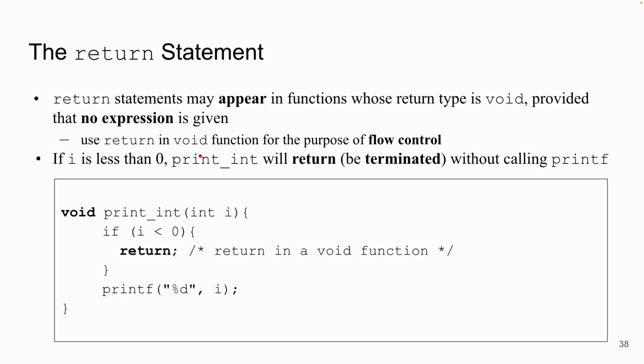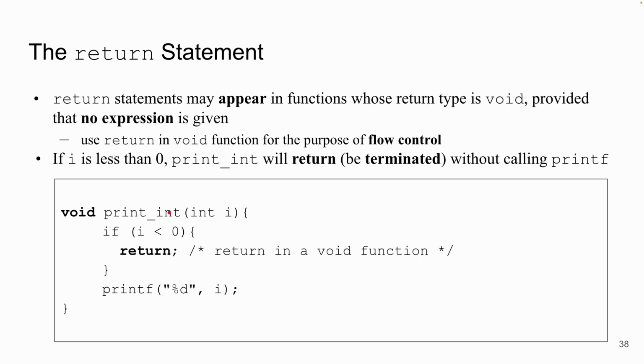The reason why we want to use return in a void function is mostly for flow control. If we use return in the function, this can serve as a breakpoint of the function. Like in this case, if the value of i is smaller than 0, this function should just finish without printing anything.